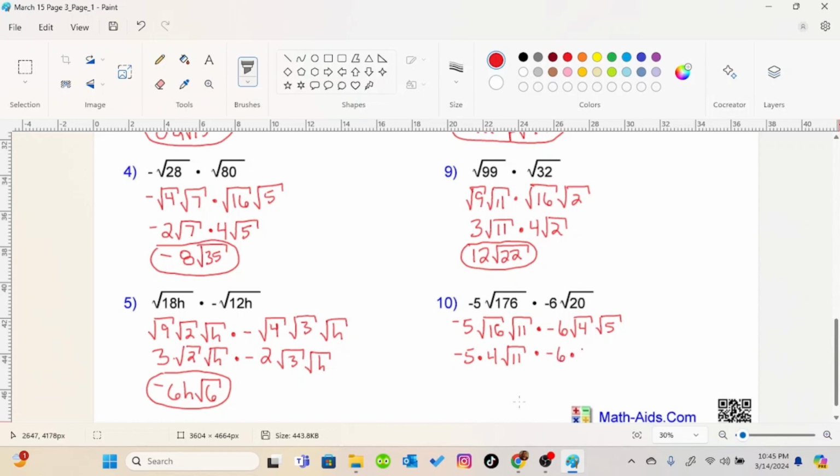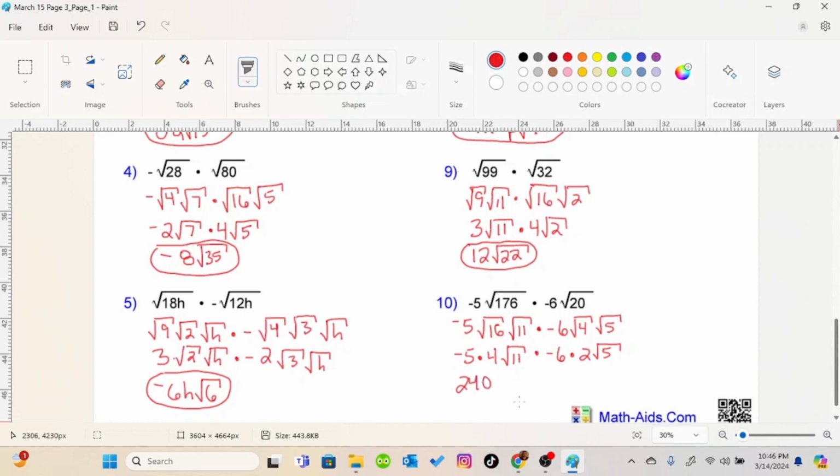The square root of 4 is 2. Now negative 5 times 4 is negative 20. Negative 20 times negative 6 is positive 120. And 120 times 2 is 240.